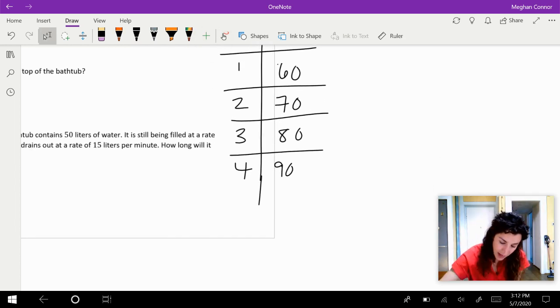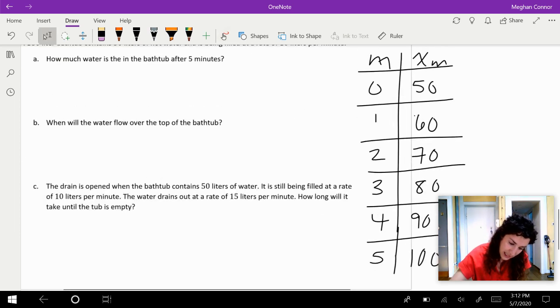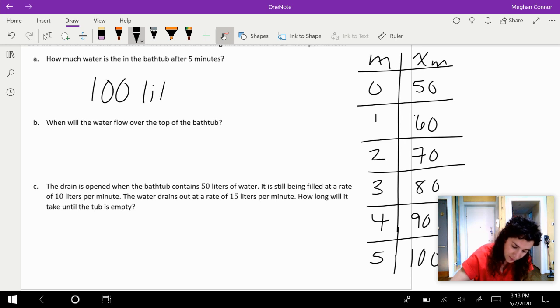And at 5 minutes, at the end of 5 minutes, I have 100. So at the end of 5 minutes, I have 100 liters.